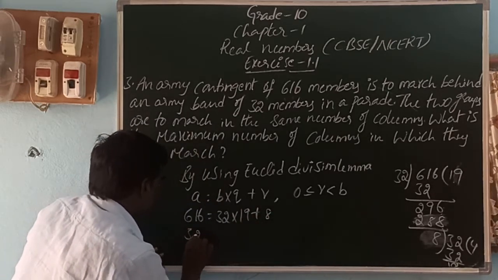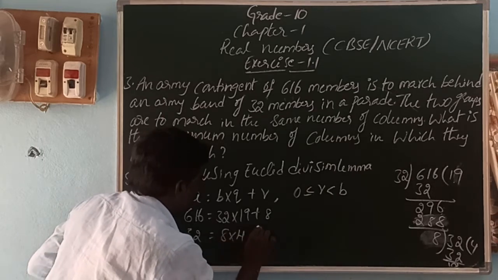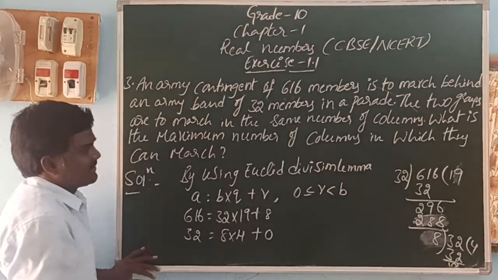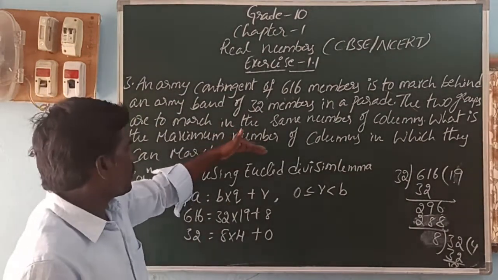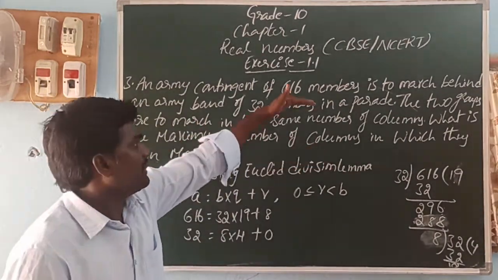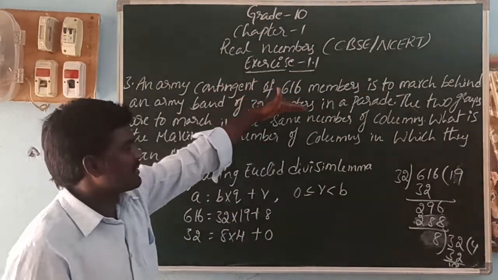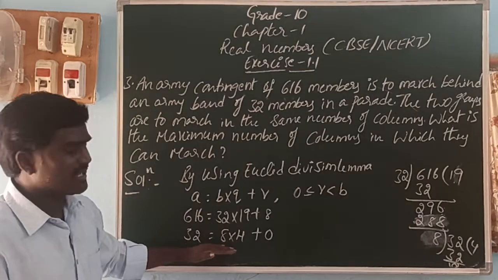Next, 32 is equal to 8 into 4 plus 0. So we get the remainder 0 with the divisor 8. That means the maximum number of columns in which 616 members and 32 members can march in a parade is 8.